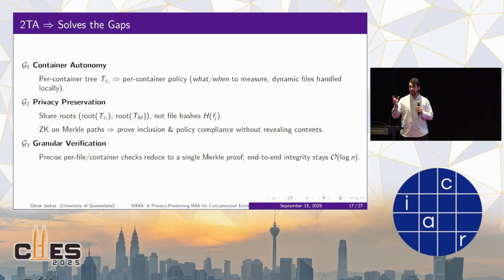First, as I said, everything is encapsulated into the Merkle root. And also we can use zero knowledge and proof of inclusion to attest that a given file or a given container exists in the system and is verified without actually having access to everything that is in the system. We are also able to use Merkle proofs to do a streamlined integrity verification process.